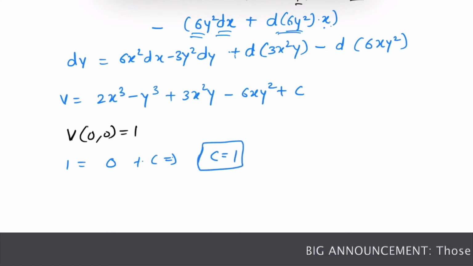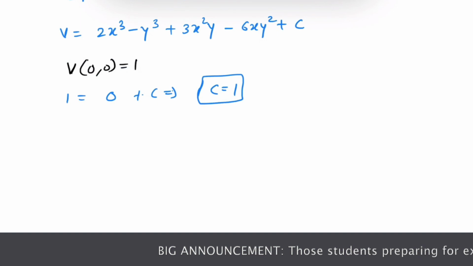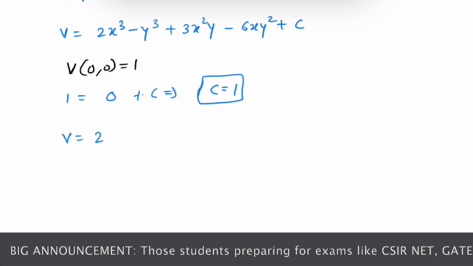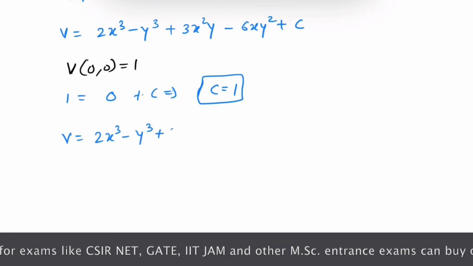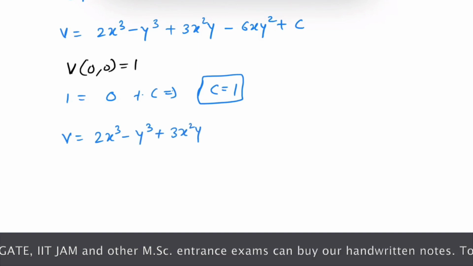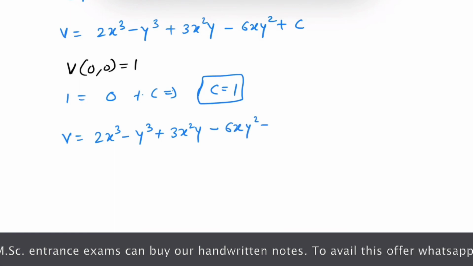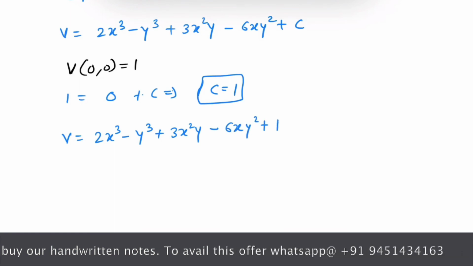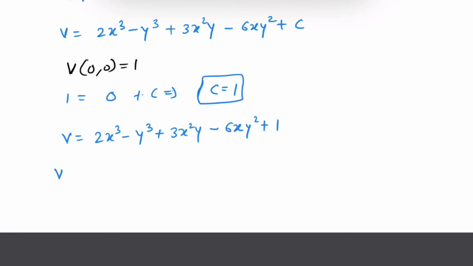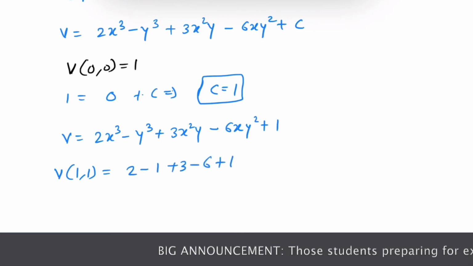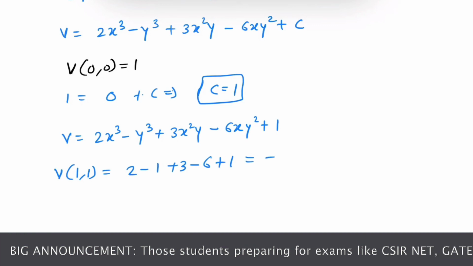So now the function v is 2x³ - y³ + 3x² y - 6xy² + 1. Since we have to find the value of modulus of a + b + v(1, 1), we need to find the value of v at the point (1, 1). So it will be 2 - 1 + 3 - 6 + 1, and this will be -1.